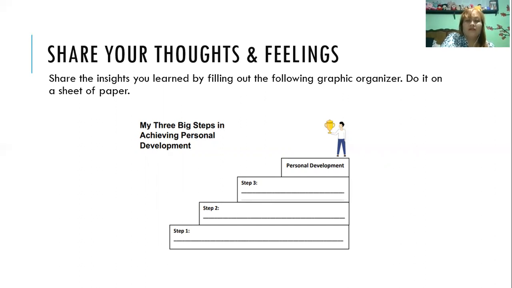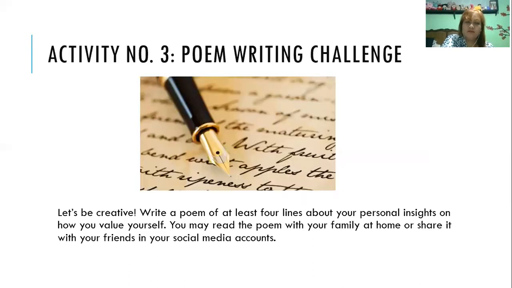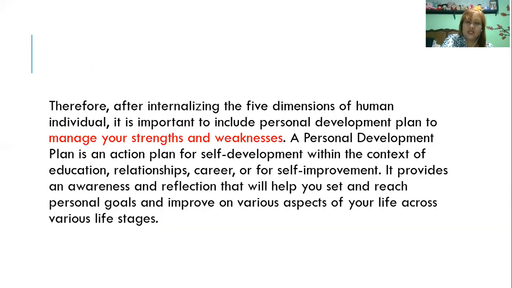The last part is going to be a graphic organizer about the steps in personal development, and a pledge of commitment. You're going to write that on a sheet of paper. Poem writing, which you're also going to write on paper, and then you may read it with your family, or you may post it in social media accounts. You can also put a hashtag.